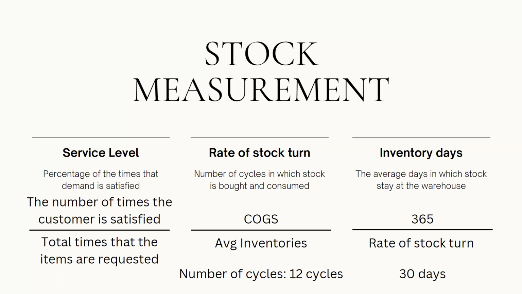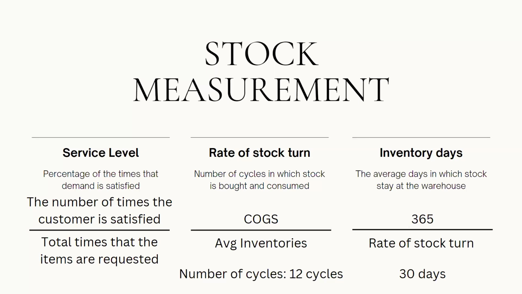100% service level means that every time your customer comes to your place, they are totally satisfied. They come out with something in their hand and they pay you. That is 100% service level.